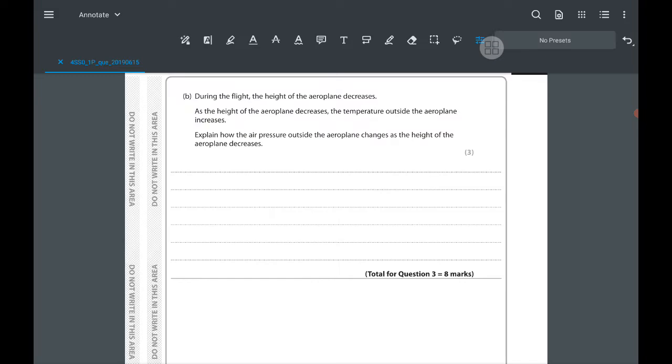So according to the laws that we have learned about gas, temperature and pressure, first of all what happens is when the temperature is high, air molecules will have more kinetic energy, so they will move faster and more often they collide with the aeroplane, so that pressure is increased. So we will write down those points.